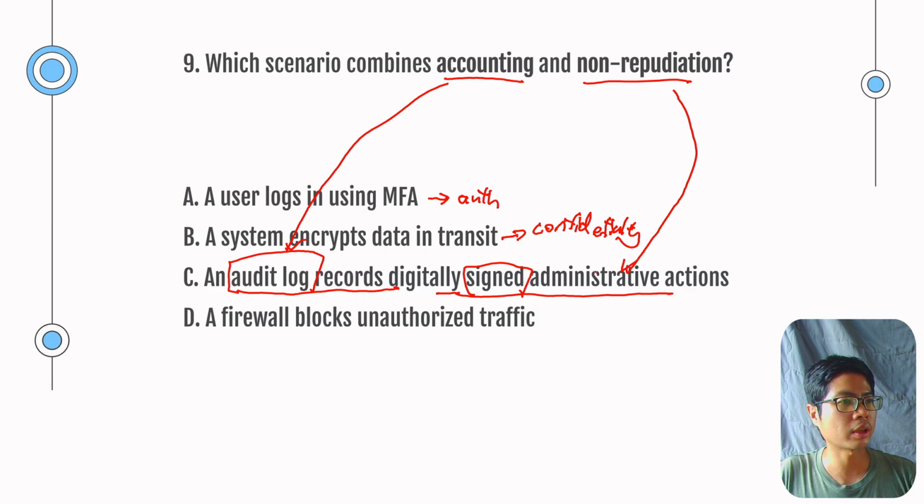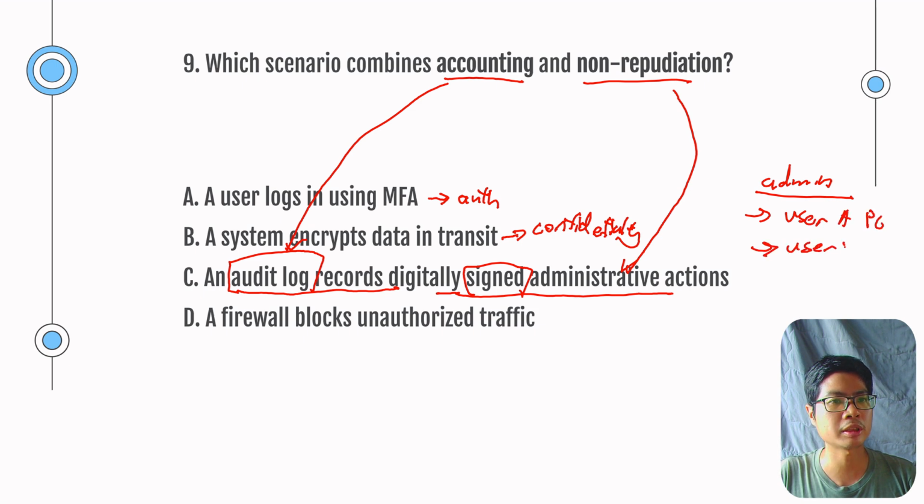So what is happening here is, let's say you have an admin, and he performs a number of actions. Let's say he logs into user A's PC, user B's PC, the CEO's PC, and every single action is digitally signed using the admin's private key and then logged in the audit log.